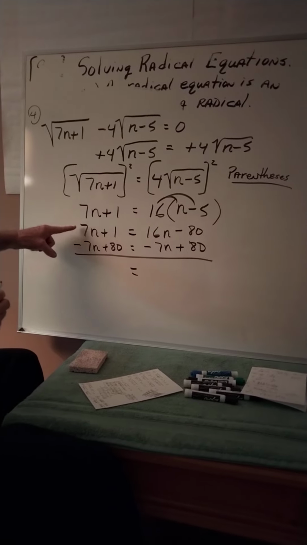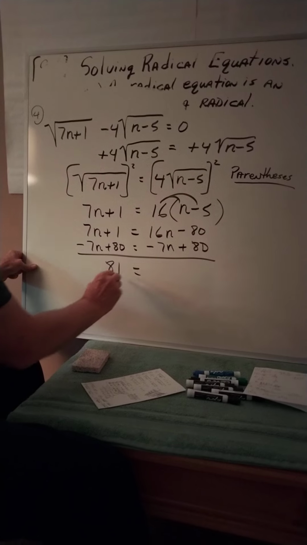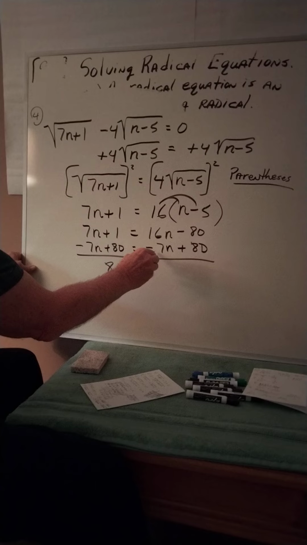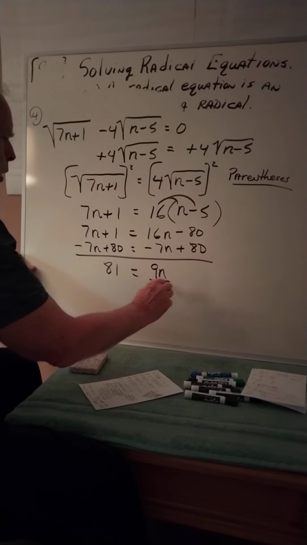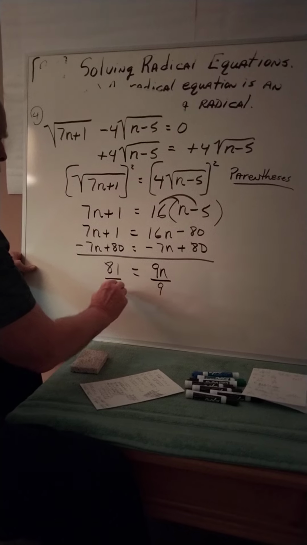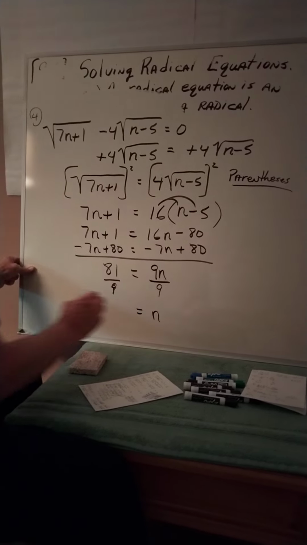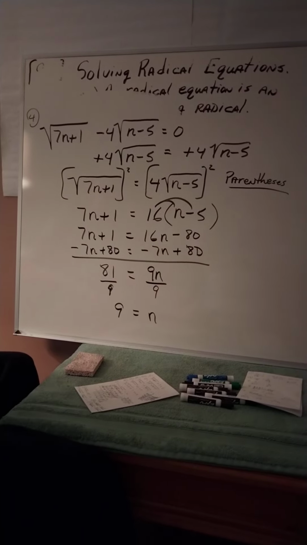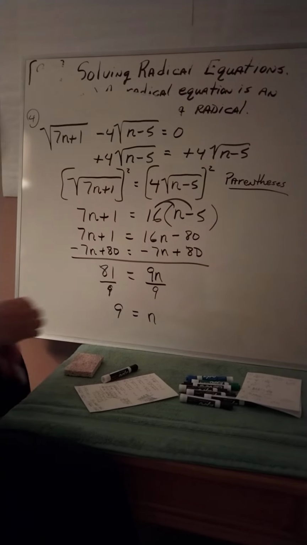On the left, the 7n's go, and we have 81. On the right, 16n coupled with a negative 7n, 9n. Over 9, over 9. Again, not the solution, but the proposed solution is 9. You see, I don't circle it yet. It's just a proposed solution.